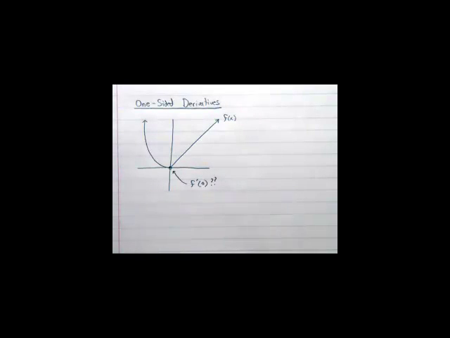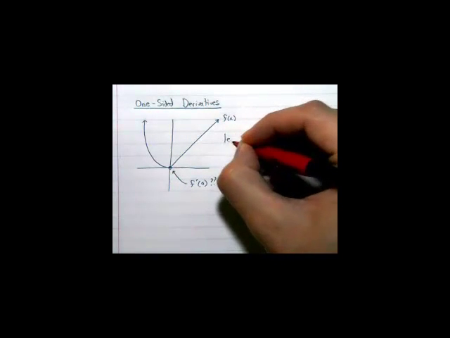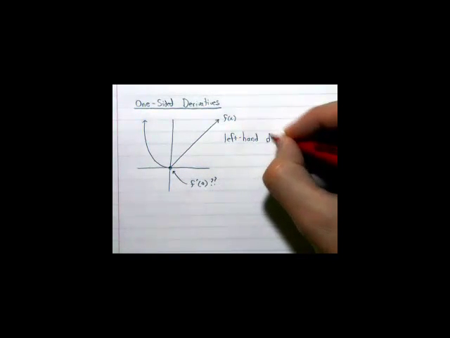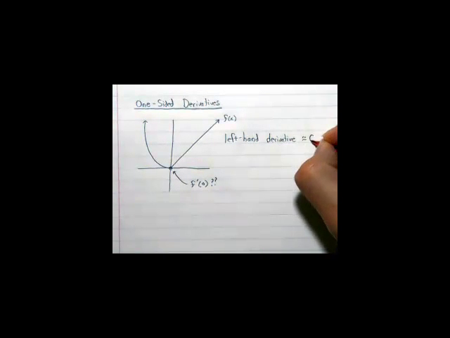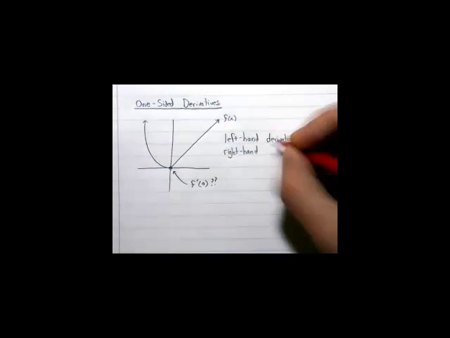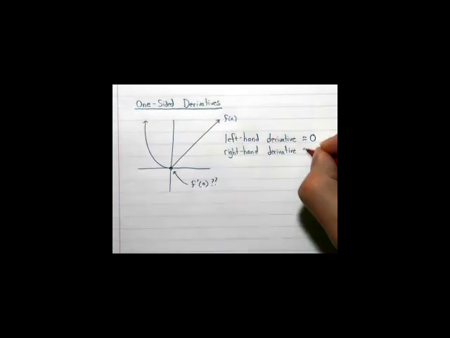So okay, if the left-hand derivative and the right-hand derivative are not the same thing, then we say the derivative does not exist at that point.